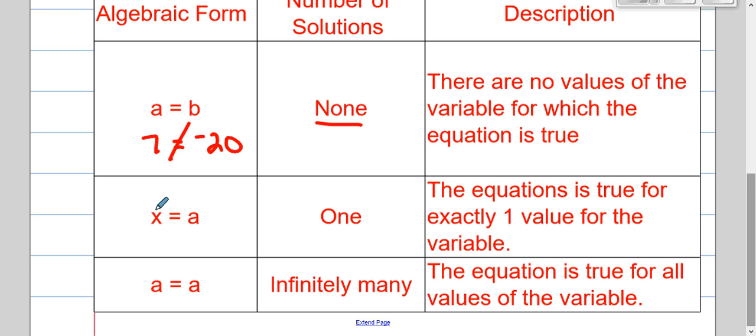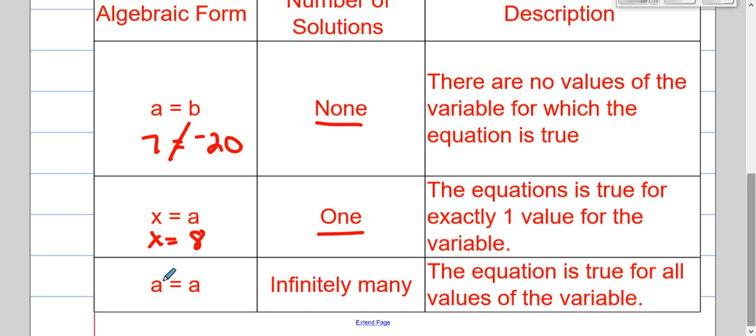Then other times it will tell you specifically what the variable equals. So say x is equal to a certain amount, or you may say x is equal to 8, for example. And this is a situation where it's telling you you have one solution, and that one solution would be 8. So the equation is true for exactly one value for the variable.